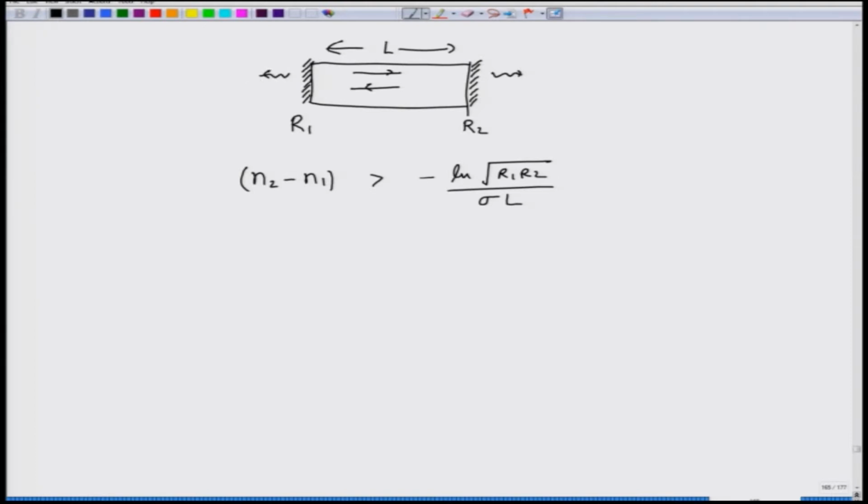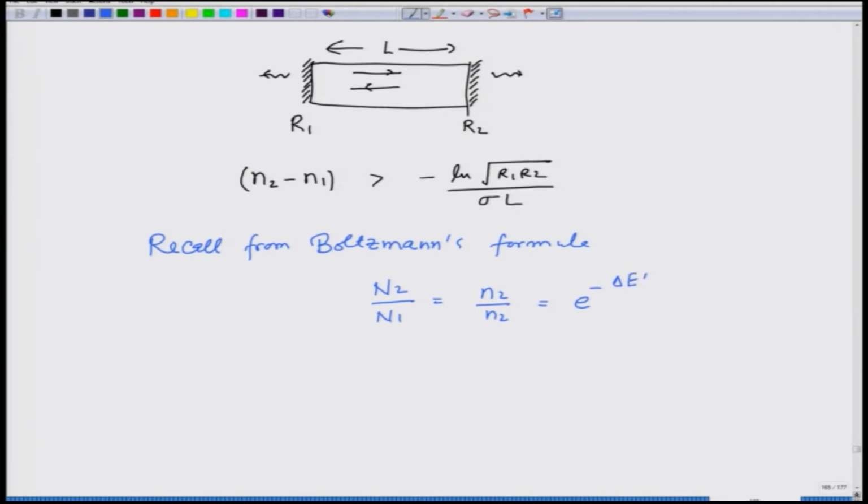How do we achieve this? Because number one, recall from Boltzmann's formula that the number of atoms in the upper level and the number of atoms in the lower level, which will be the same as their density also, is e raised to minus delta E over kT, which is always less than 1.